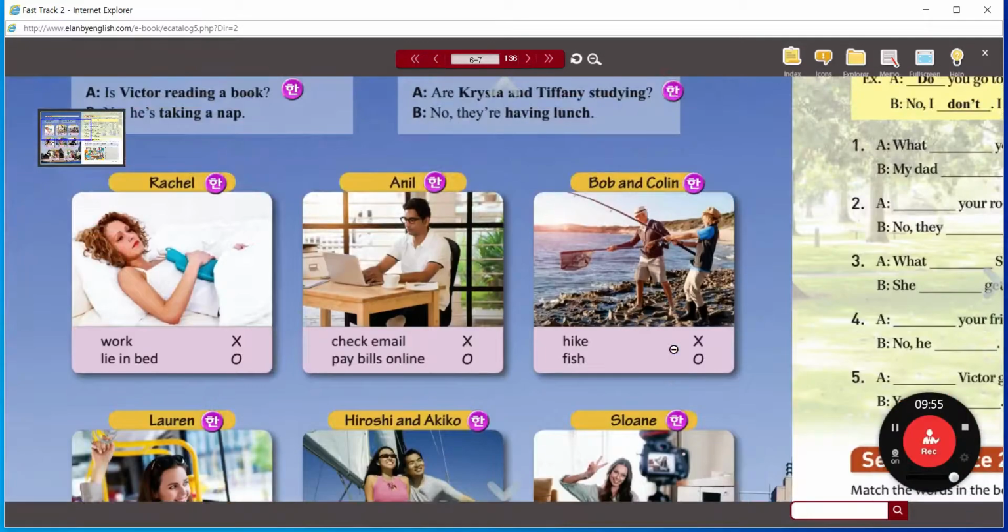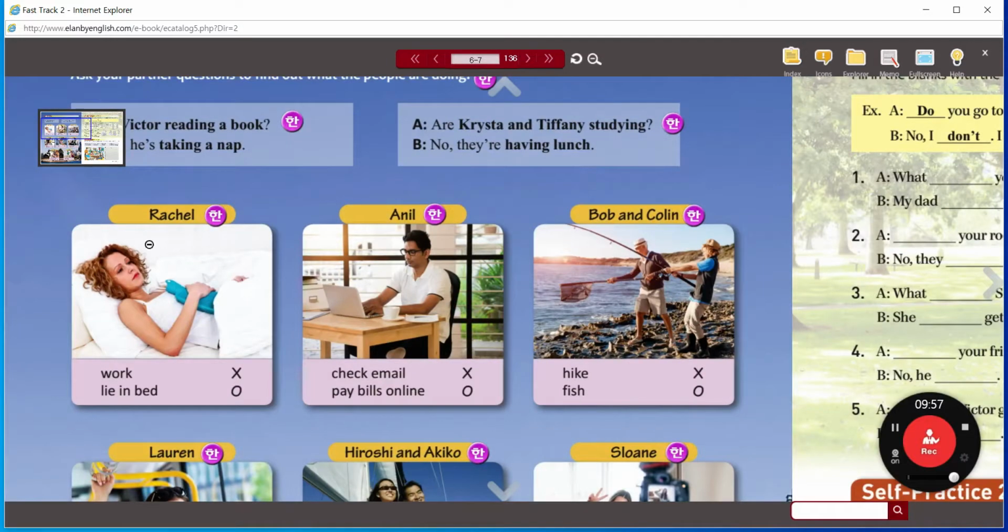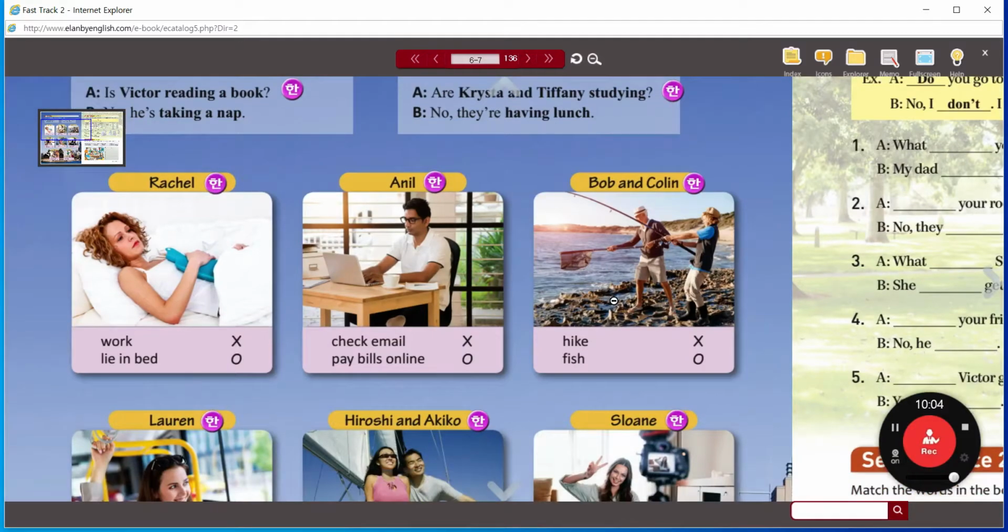Again, if you're asking about activities, if it looks like Rachel is working or Bob and Colin are hiking, you might ask questions about that. Sometimes those questions will be wrong, and people will give you the correct information.